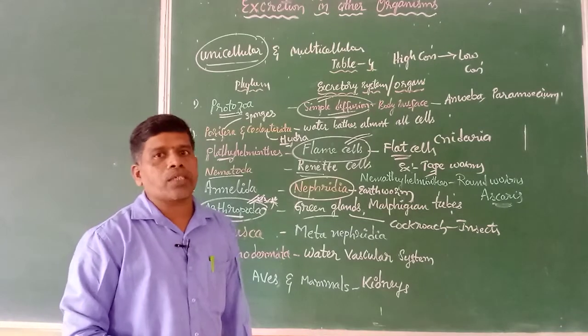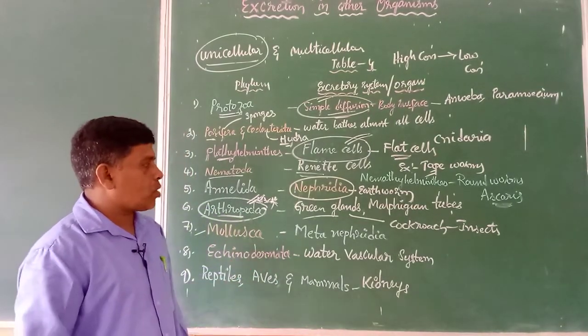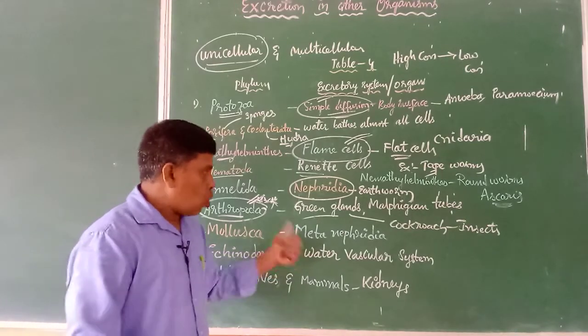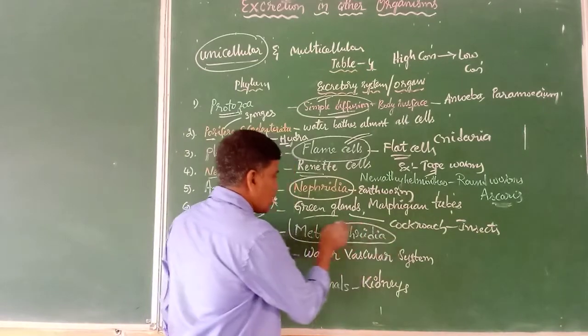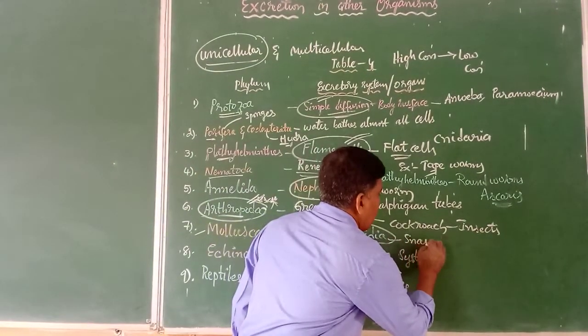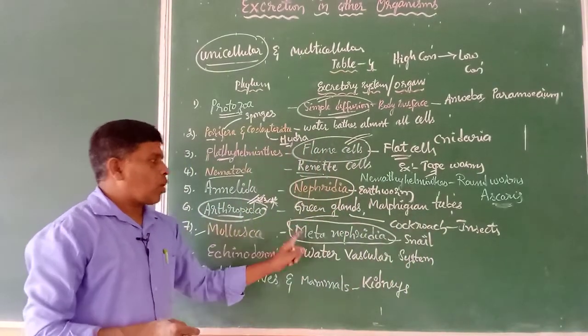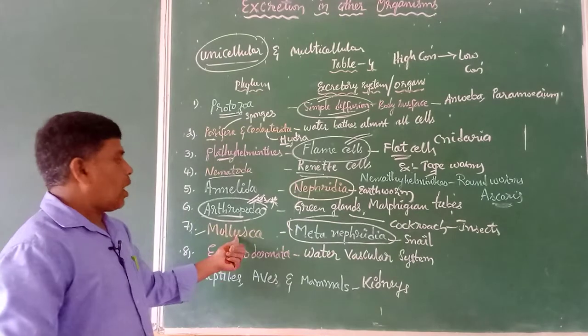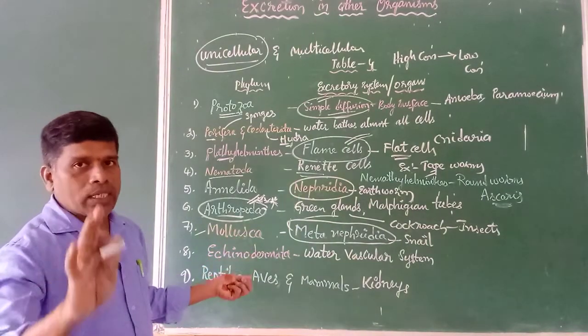Animals belonging to this group are called molluscans. What is the specialty here? The excretory organs are metanephridia. Example, we can take snail under this phylum.